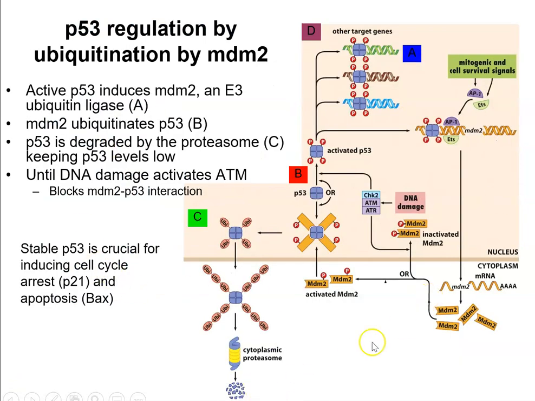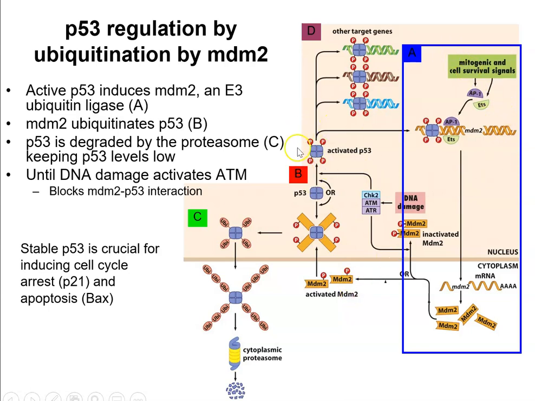So here's the whole pathway again, just as a reminder. Here is p53. p53 binds to its own negative regulator, MDM2. MDM2 is an E3 ubiquitin ligase for p53. In the presence of DNA damage, we get activation of CHEK2, ATM and ATR. CHEK2 can phosphorylate p53 so that p53 no longer interacts with MDM2. Equally, we can get phosphorylation of MDM2 so it can no longer interact with p53.